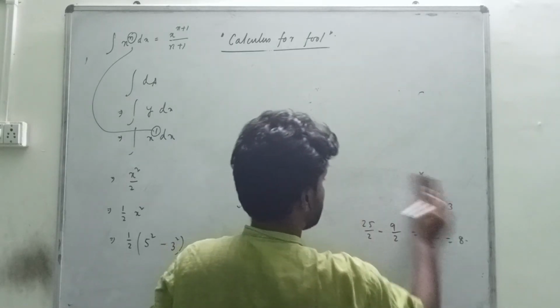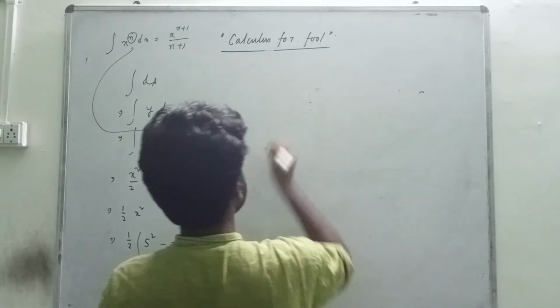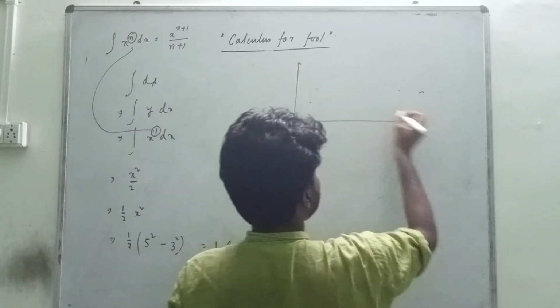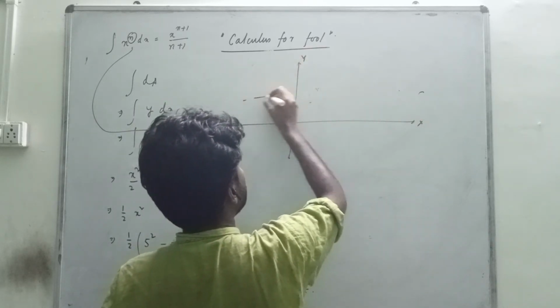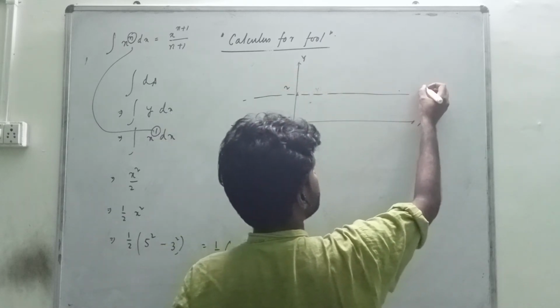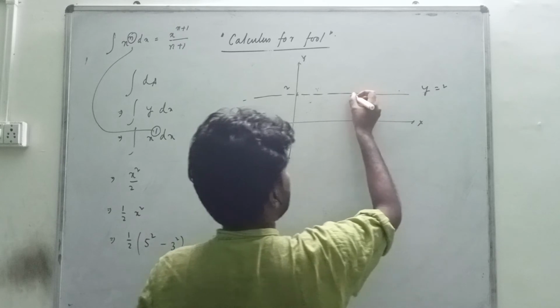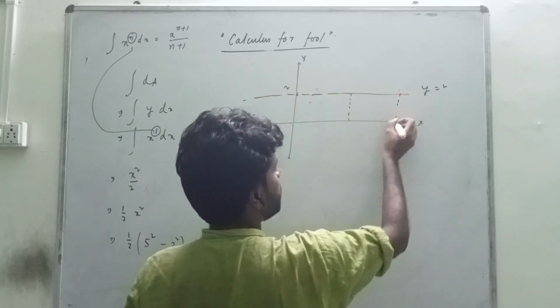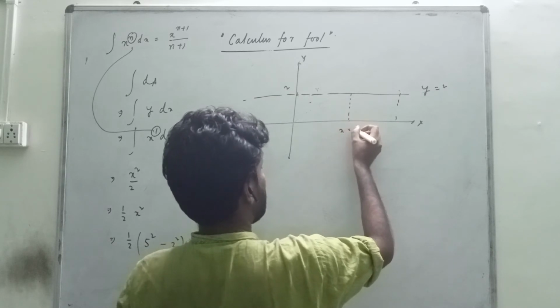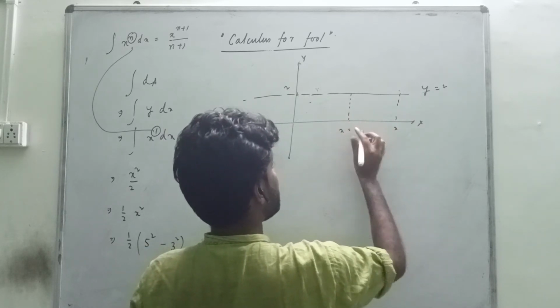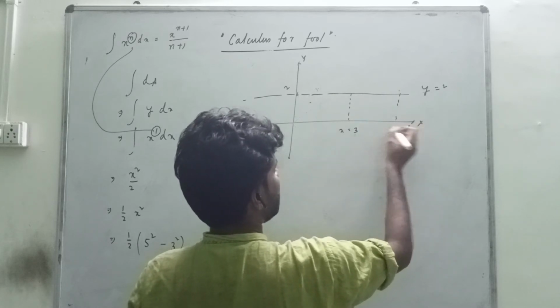In the previous situation, there is x, there is y, and there is 2 here. The curve name is y equals to 2, and you want to calculate the areas in between x equals to probably 3 to 6, I think.